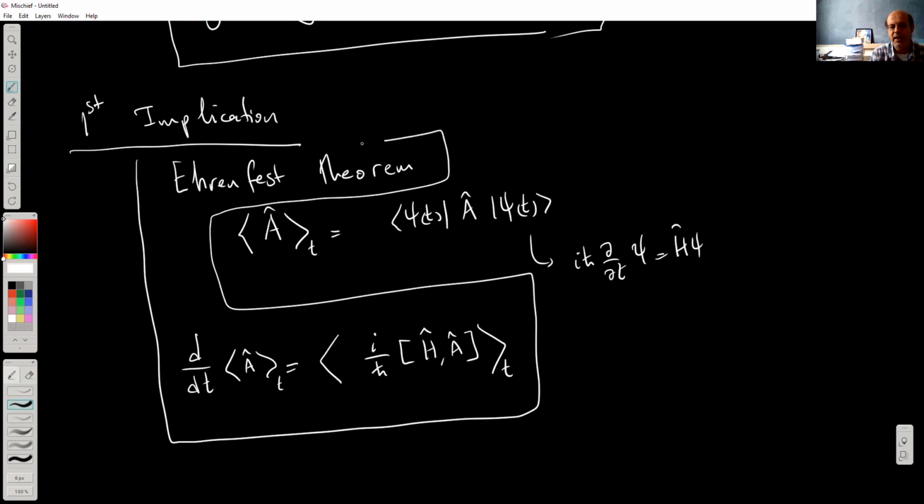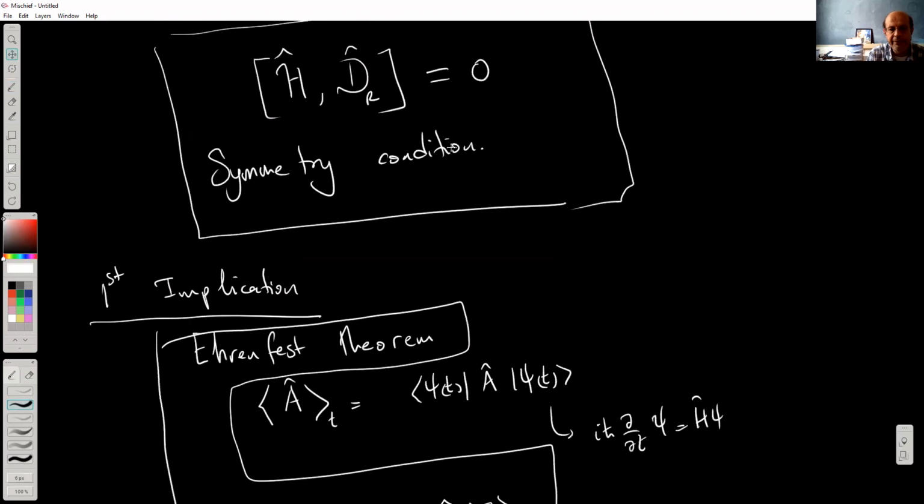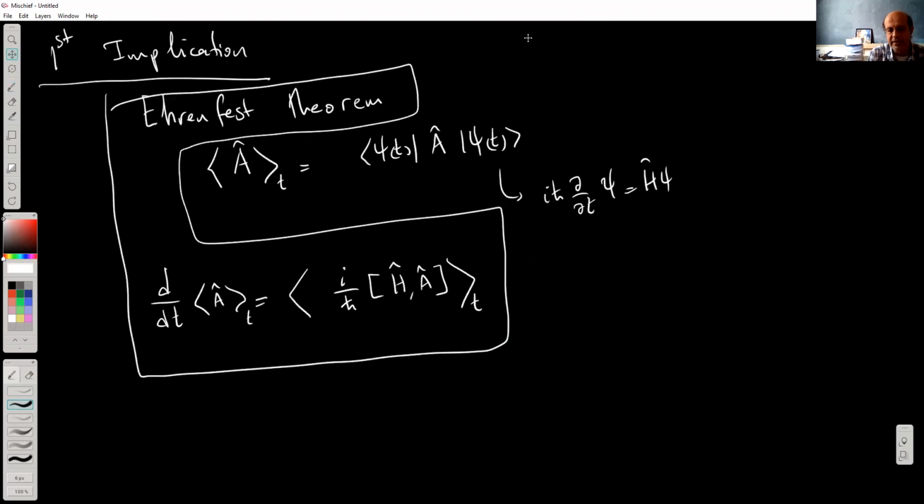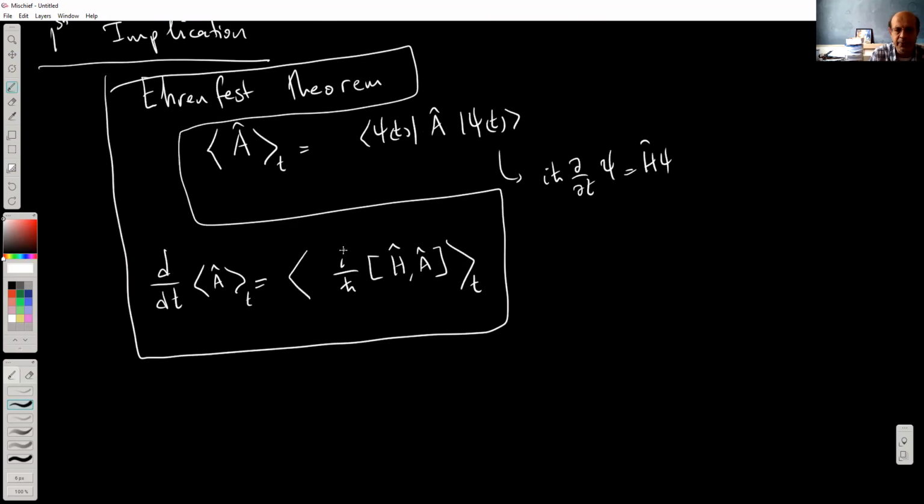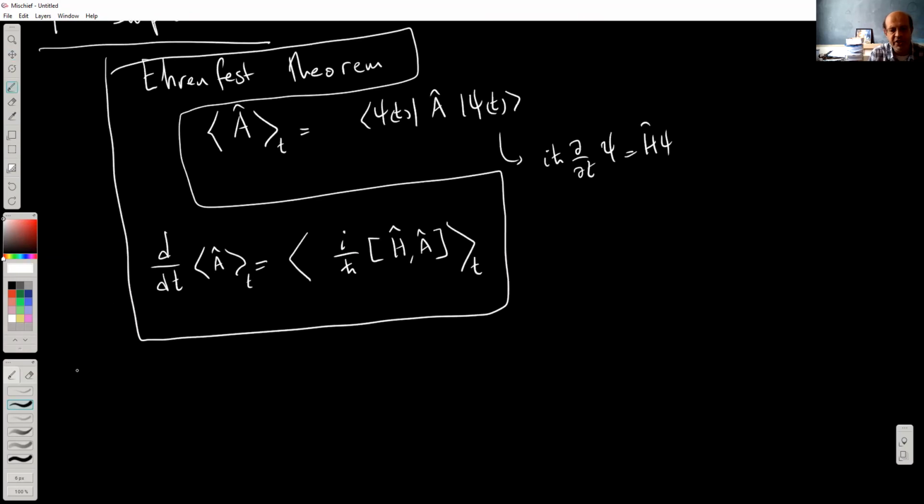Right, that's the statement of the Ehrenfest theorem. There's also a version where, if the operator explicitly depends on time, there's an additional term in here, but that's not something that we need. We have a commutator in here, and we have also a commutator there. So that's the first use, the first implication.